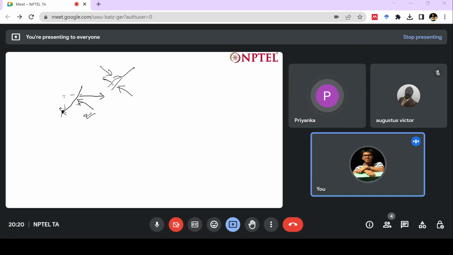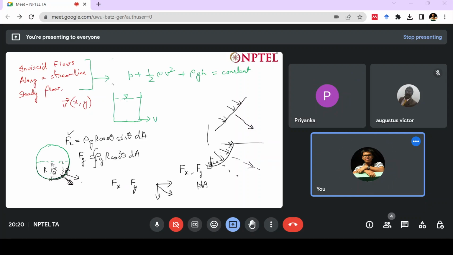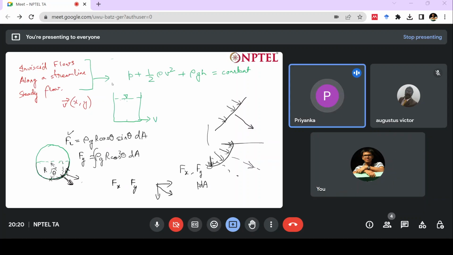Sir, just the previous slide once. Instead of atmospheric pressure on top of water, if I was applying some additional pressure, like in a pressurized chamber, would it be the same? Yes, no problem.